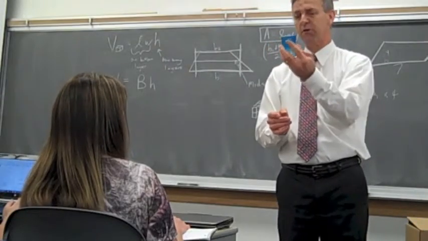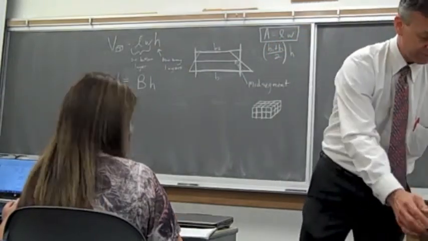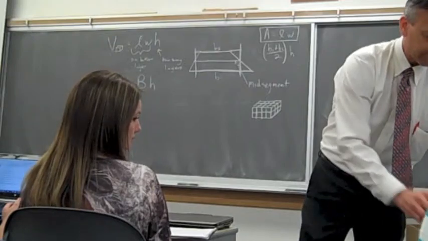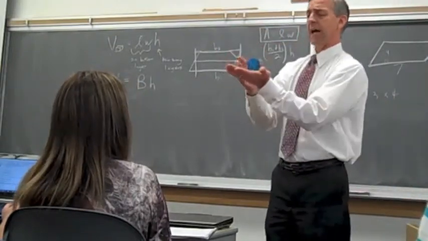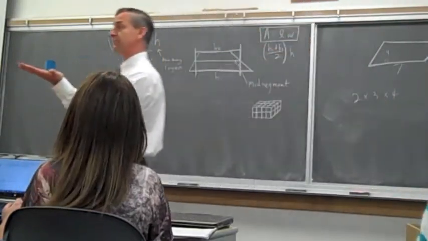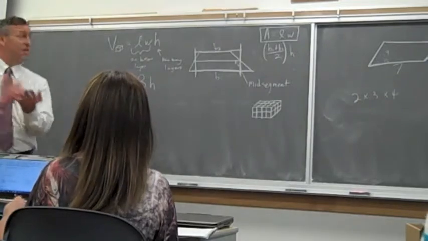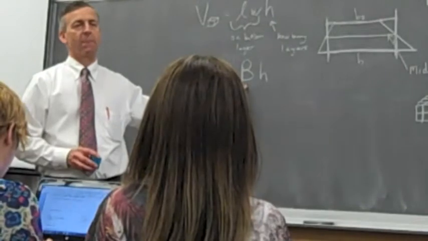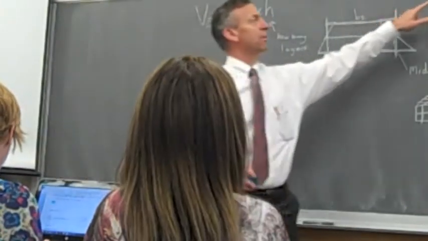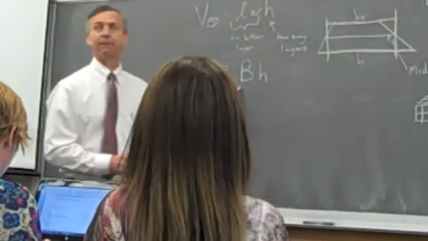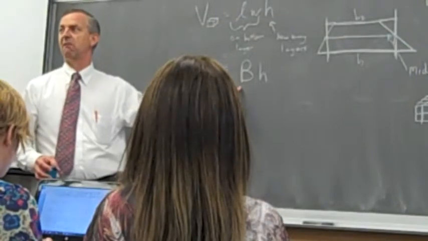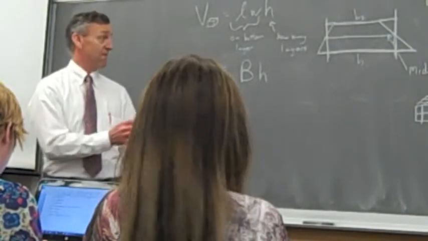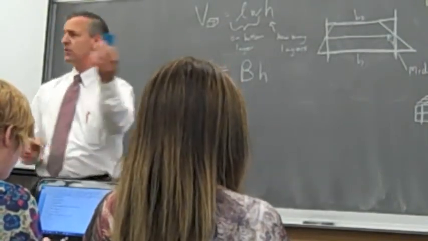Here is a hexagonal prism. How do I find the volume of this? The very same way. If this was the mother formula for area, this is going to be the papa formula for volume, because this is capital BH as well.